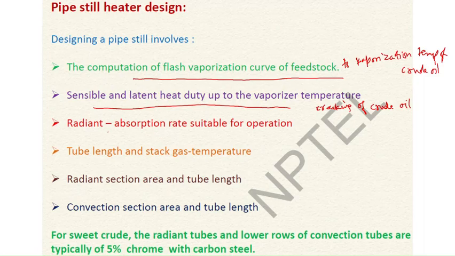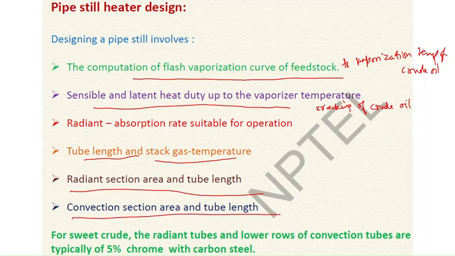Now, radiant absorption rate suitable for operation, tube length, and stack gas temperature are also important. Radiation section area and tube length, and convection section area and tube length are also very crucial. So we need to design our pipe still heater by taking all these points into consideration.